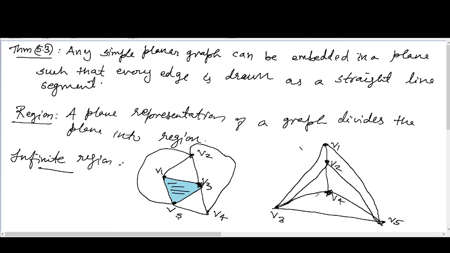we can move to embedding on a sphere. In that we have one theorem, theorem 5.4. A graph can be embedded in the surface of a sphere if and only if it can be embedded in a plane.